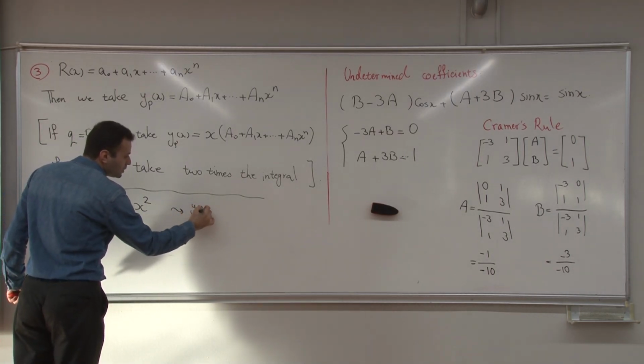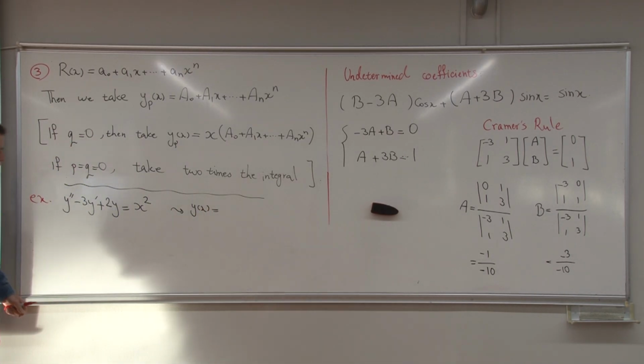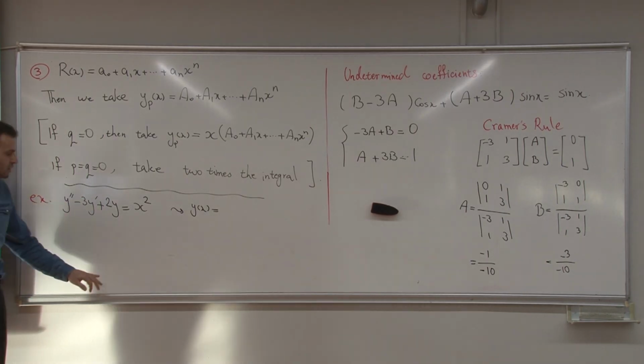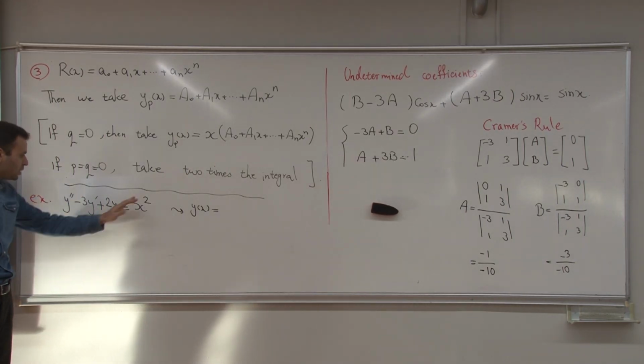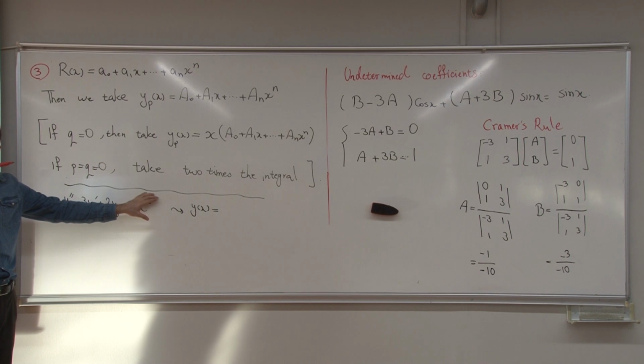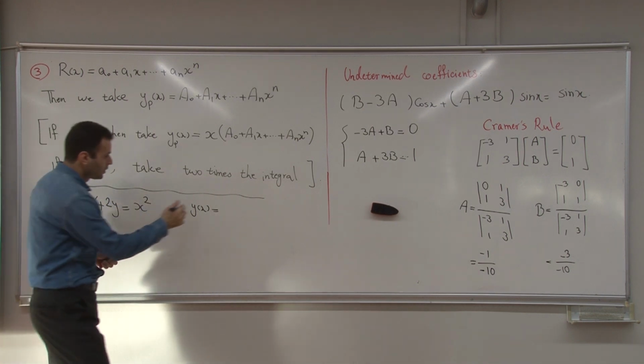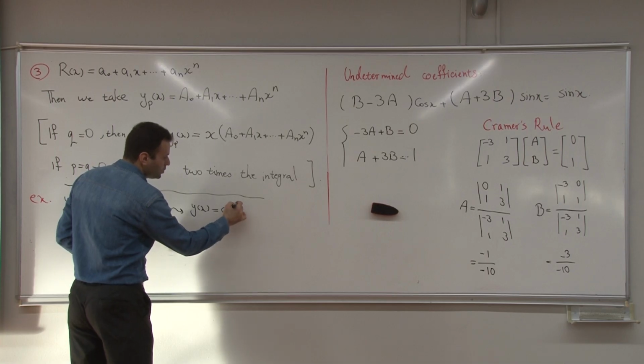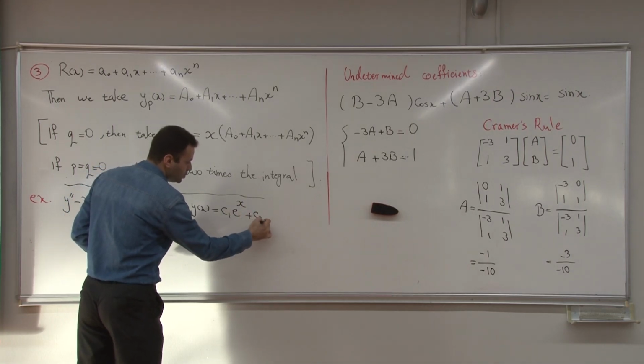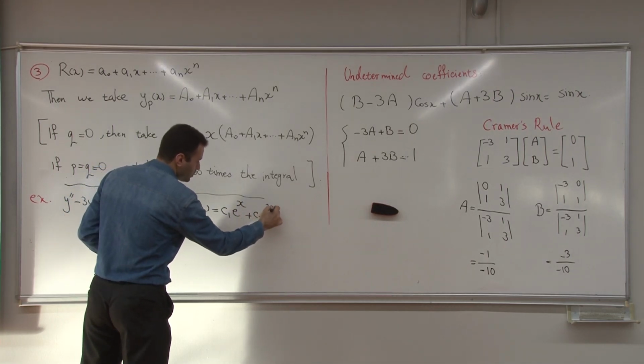What are going to be our solutions like? Solutions of the reduced homogeneous equation. If this equation was equal to 0, what were our solutions? The general solution: C1 e to the power of x plus C2 e to the power of 2x.